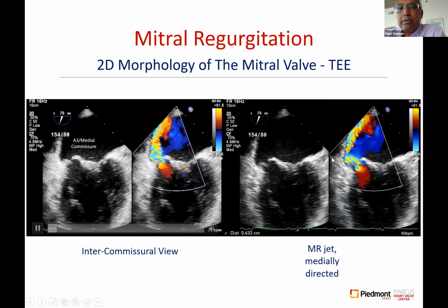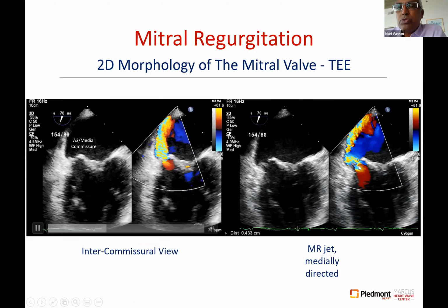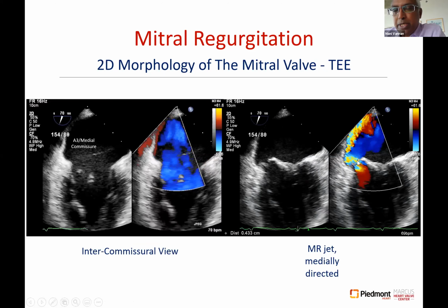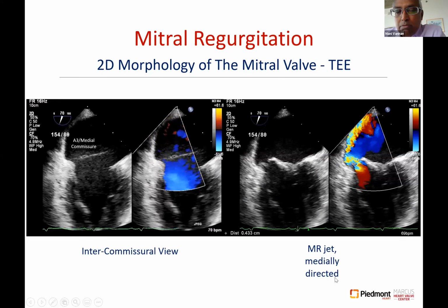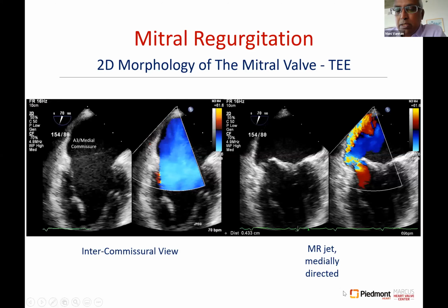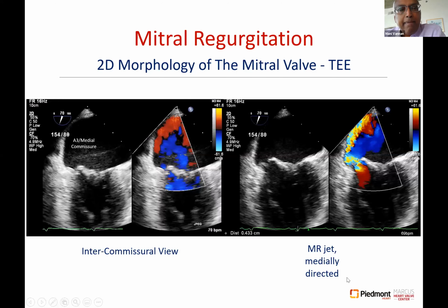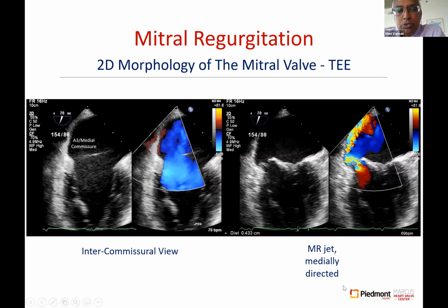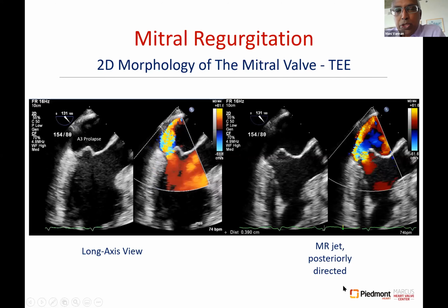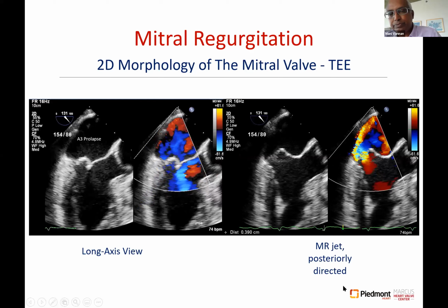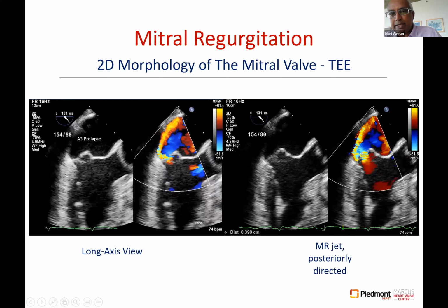And the vena contracta measured here was 0.7 centimeters. So, suggestion that this MR is a significant MR. These are additional views by that transesophageal echo, again showing a very medial jet and a posteriorly directed jet.